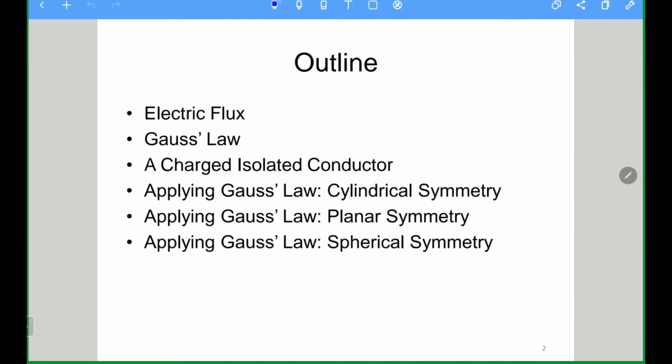And then we will apply the Gauss law for calculating some structure, how the structure generates the E field. The first one is the charged isolated conductor, and then we will try to apply Gauss law for some symmetrical structure like cylindrical symmetry, planar symmetry, and spherical symmetry.